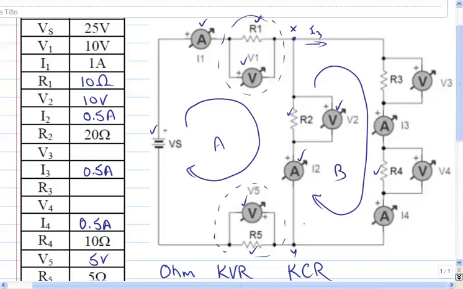So now if I know I3, I guess my next step here is, because I know I4 and I know R4, so if I've got I4 and R4, I can figure out V4. So I'm going to use Ohm's law over here.